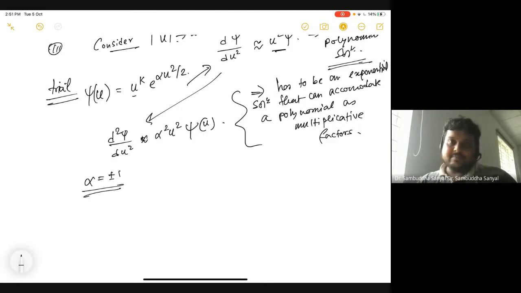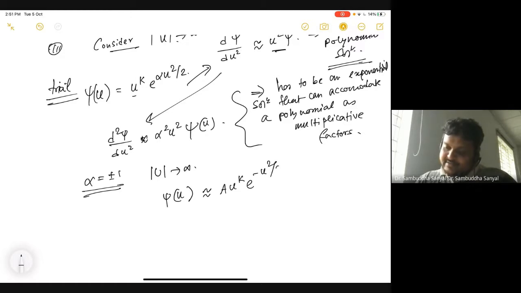So therefore, as u goes to infinity, the solution must be of this form: a u to the power k e to the power minus u squared by 2, plus b u to the power k e to the power plus u squared by 2, because alpha is plus minus 1.